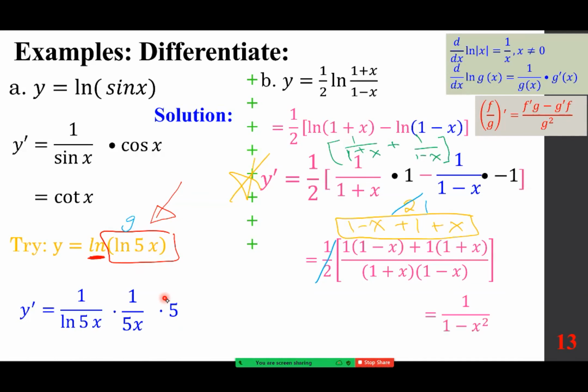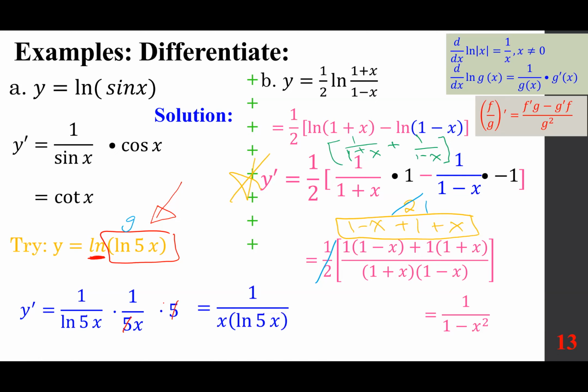And you put them together. Now, before we put them together, you notice this 5 cancels out this 5. So the numerator is 1. And the denominator is ln 5x times x. So we put the x in front: 1 over x ln 5x.